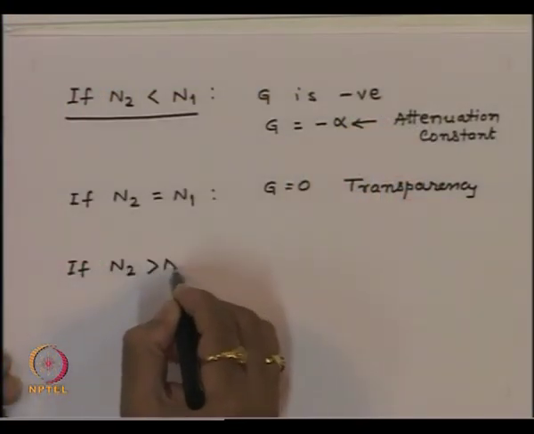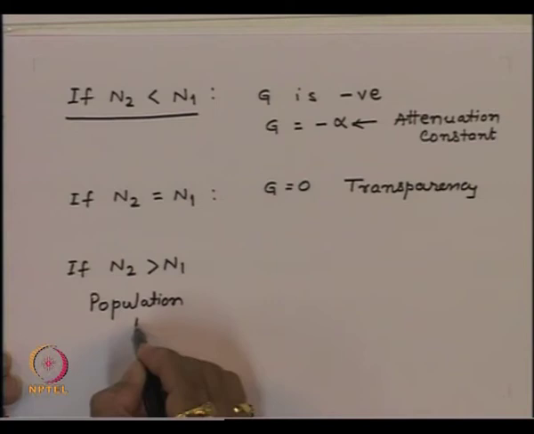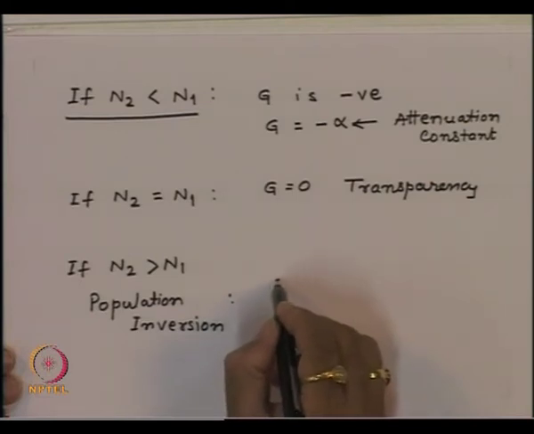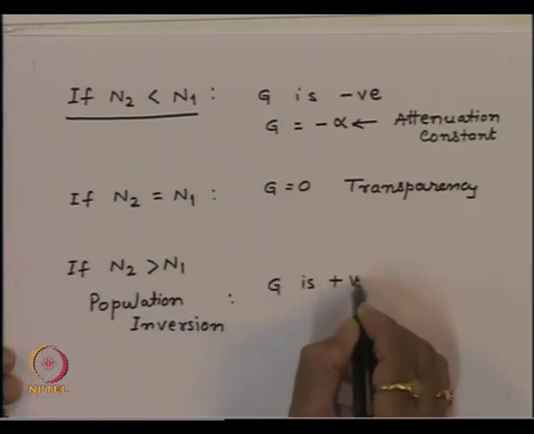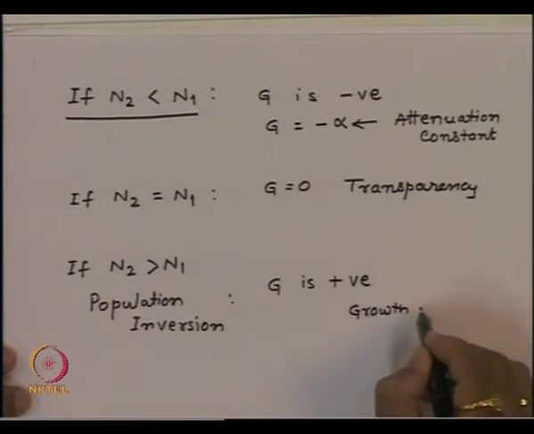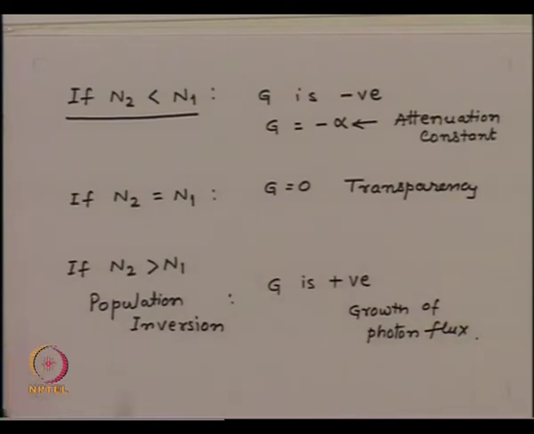Third possibility is if N2 is greater than N1, which is population inversion, then G is positive and you have a growth of the photon flux. So, we see that now quantitatively, whenever we have a population inversion, then the photon flux is going to grow exponentially inside the material as it travels.